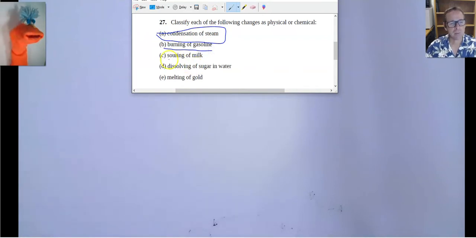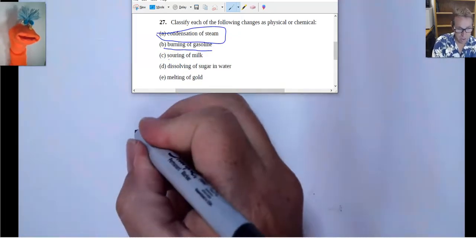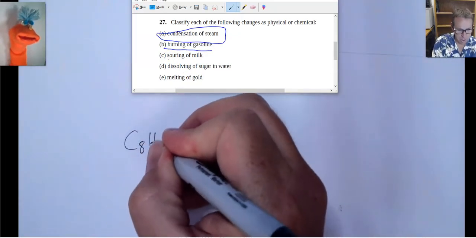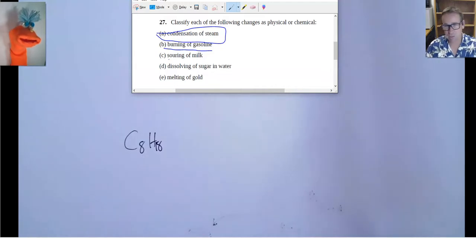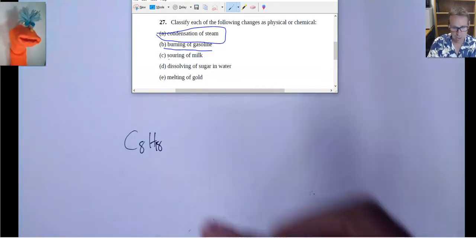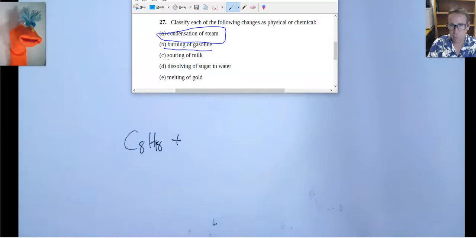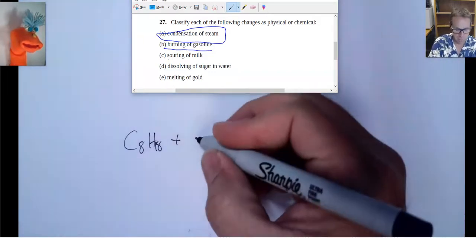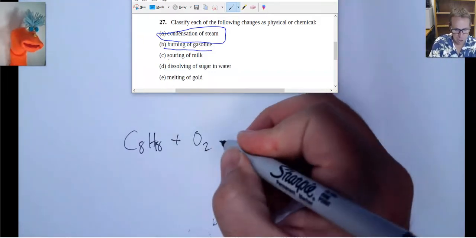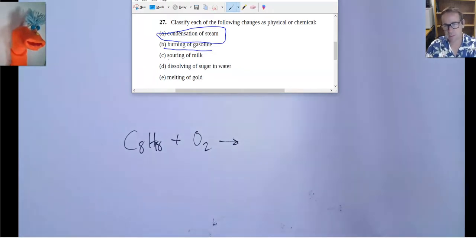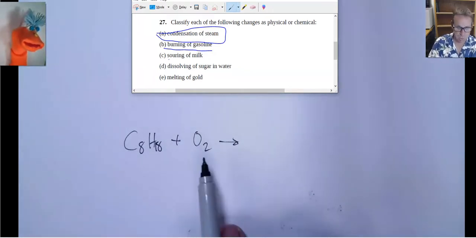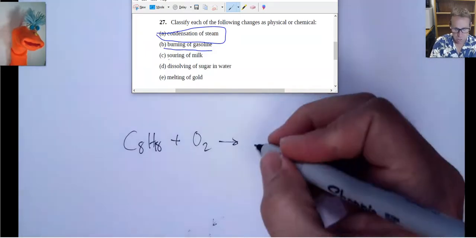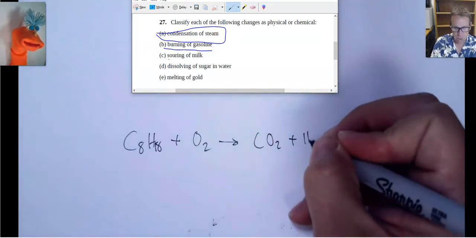All right, souring of milk. All right, burning of gasoline. Let's talk a little bit about that just because it's interesting. C8H18, that's our little representation of gasoline. It's called octane. It's the average compound that you find in gasoline, the most abundant maybe. We combine it with oxygen. That's the process of burning. Burning is when you combine something with oxygen. The products here are carbon dioxide and water.